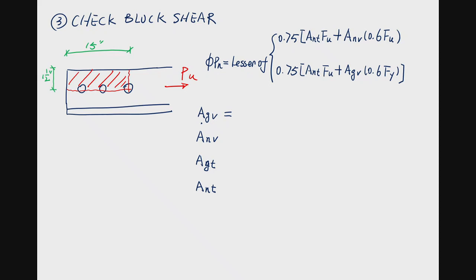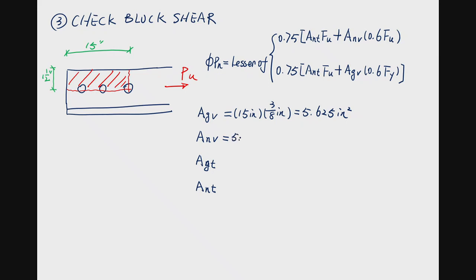So AGV is the shear plane cross-sectional area, which is the horizontal plane. So which is equal to 15 inches times the thickness, 3/8 inches, equals 5.625 square inches. And ANV accounts for the deduction of the hole areas. So along the shear plane, there are 2.5 holes.